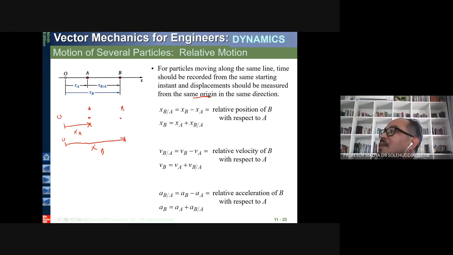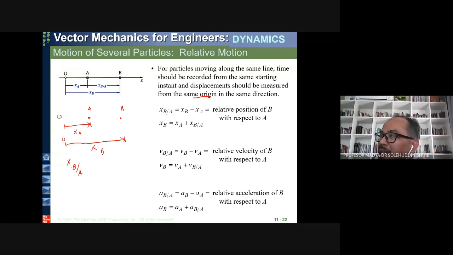Now we want to find what we call the relative velocity. First, the relative position, for example xB relative to A. What is xB relative to A?